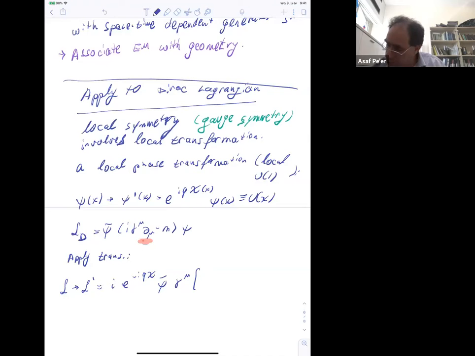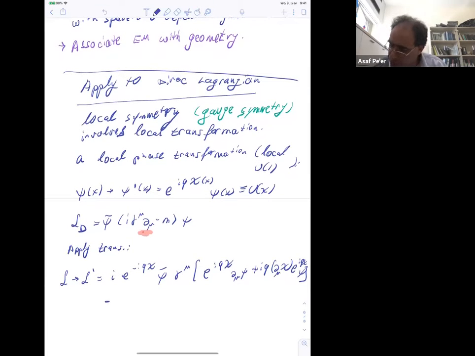So I have two terms. One would be e^{iqχ} ∂_μ psi, and the second would be plus iq ∂_μ χ e^{iqχ} psi. Then the second term, the easy one, minus m e^{-iqχ} psi bar e^{iqχ} psi.